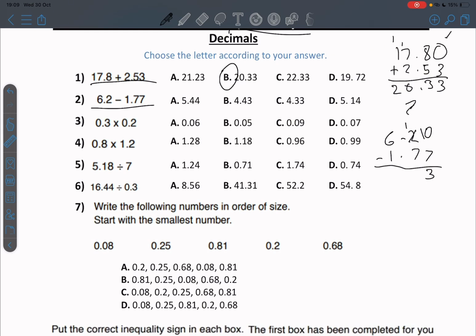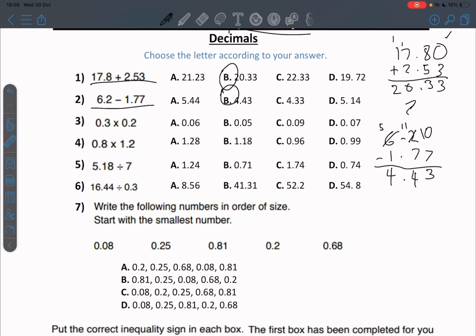Now we've got 1 minus 7 here. 1 minus 7 doesn't work, so we have to borrow again. So this turns into 5. This is now 11. We took the 1 from the 6, we turned it into 11. 11 minus 7 is 4, so that's what we've got. Again, bring the decimal point down, and then 5 minus 1 is 4. So the answer here is 4.43, option B.